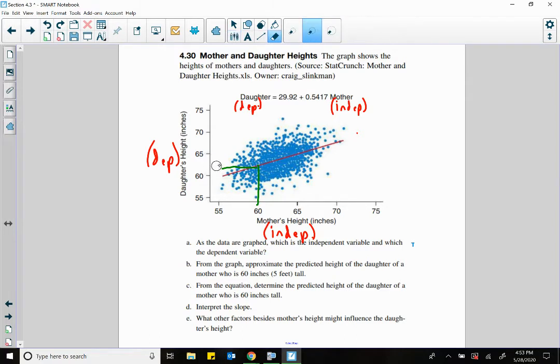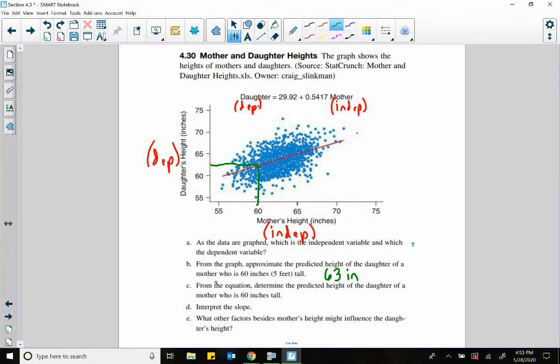That's horrible. Let's redo that. I have a straight line tool. I'm just not using it. So drawing straight across as best as I can. That's a little bit better. So what do you think this value is right there? And that predicted height of the daughter looks to be, I'd probably say about 63. Okay, that's what they want you to do.